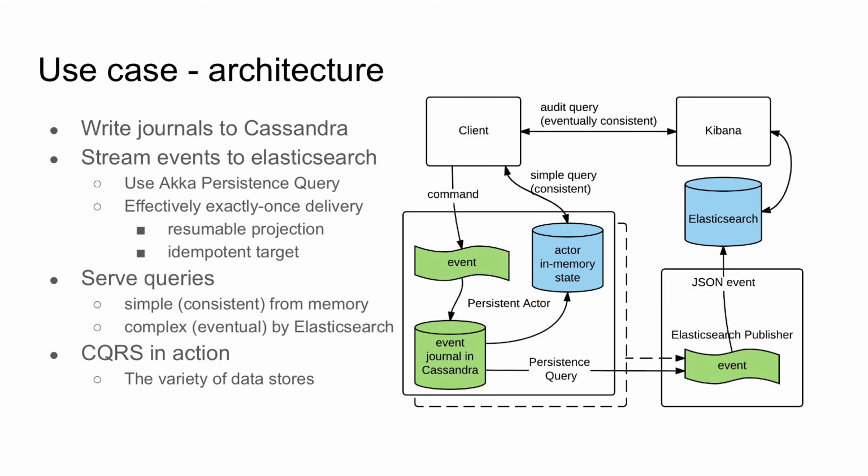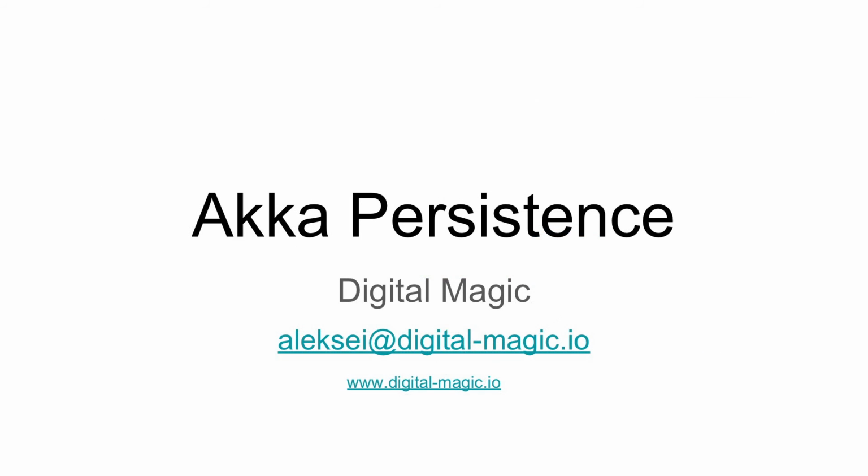Does each actor in this persistence model have some kind of an identity that survives? Yes, this is called a persistence ID. It identifies the journal. Whenever an actor is started, if it is an instance of a persistent actor, then it has to provide a persistence ID.